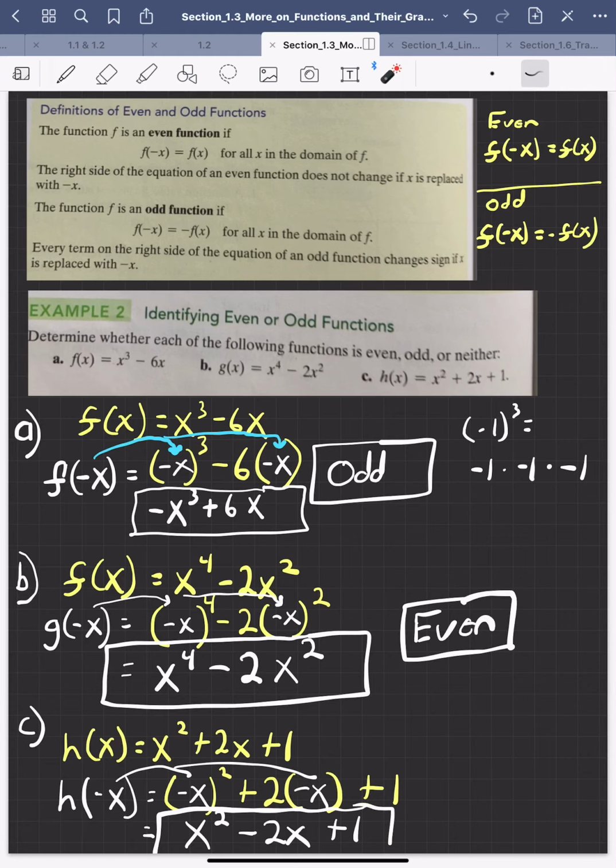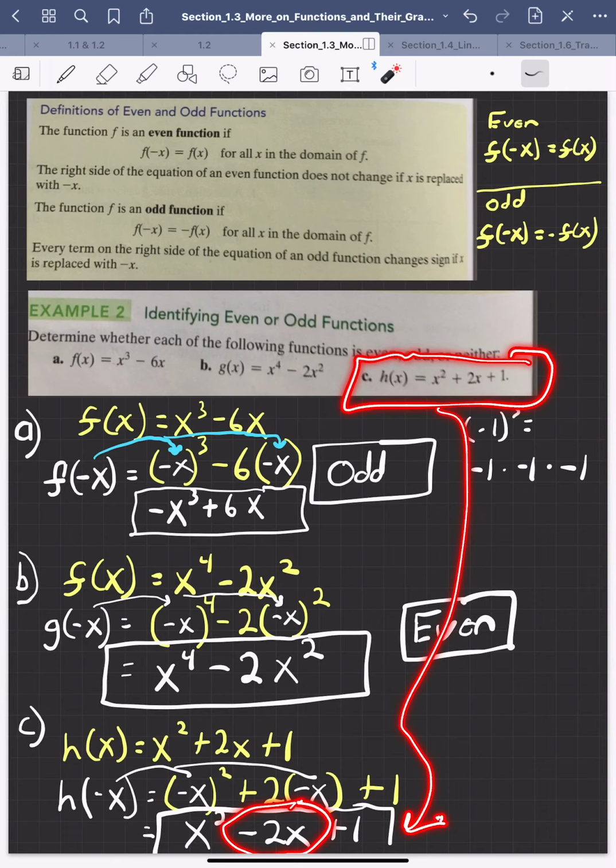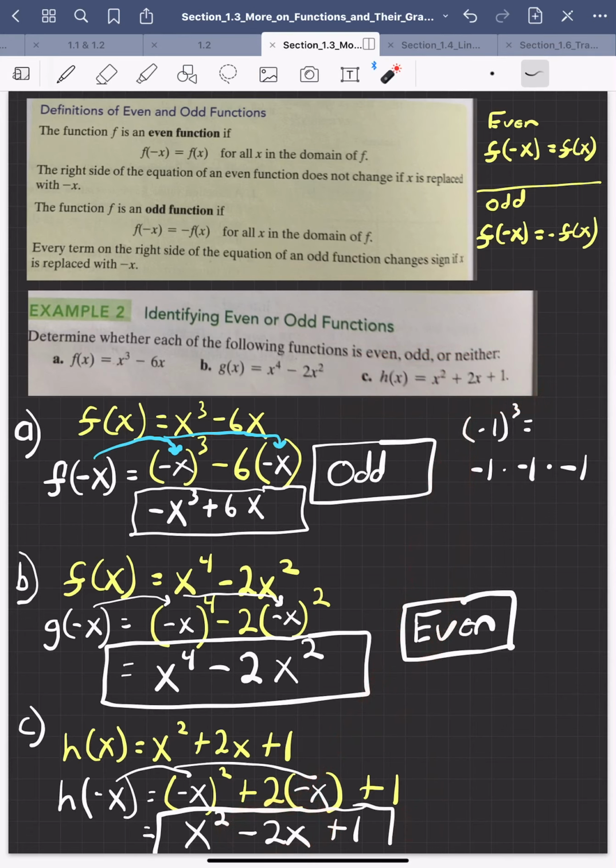All right, let's take a look at our definitions. If it were even, we should get back out what we started with. This is what we started with. Does that match with what we started with? No. We had a positive x squared, but this is a negative 2x, and this is a positive 2x. So no, it's not even.